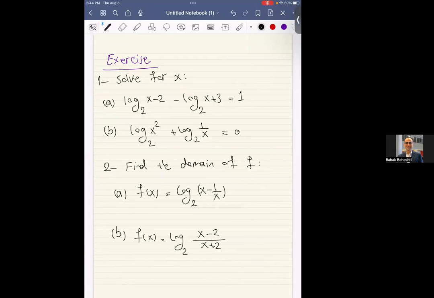The second one maybe is a little bit tricky, but try to do it. Do you have any question so far? Logarithm, exponential?